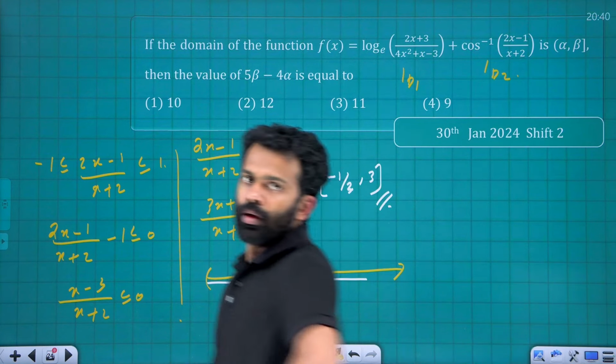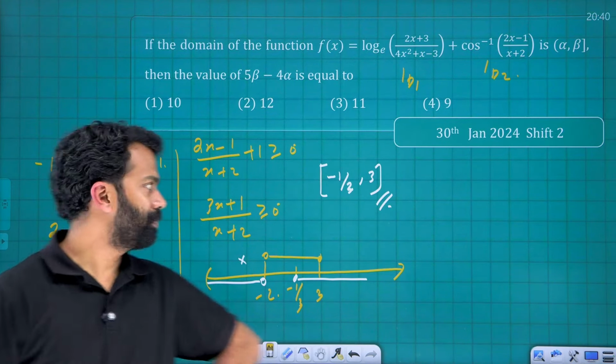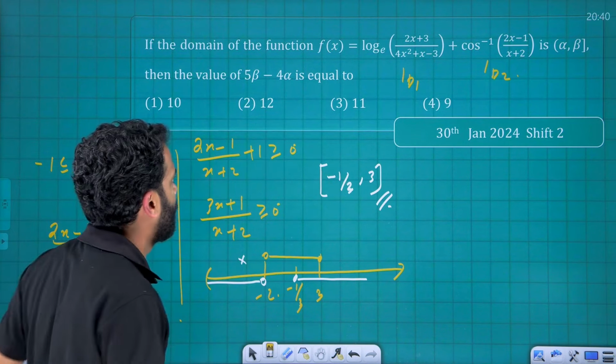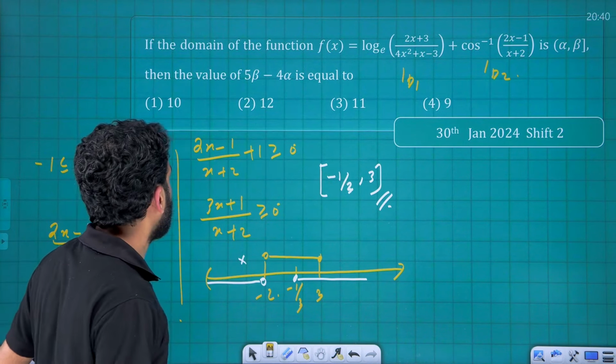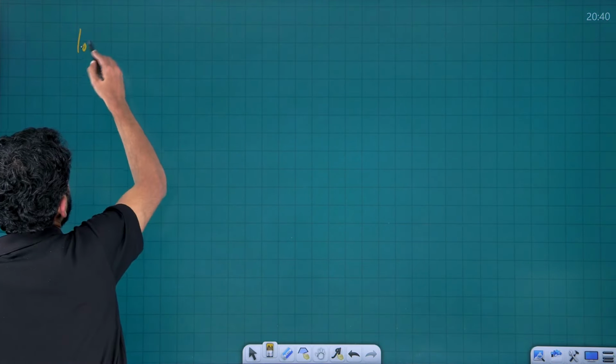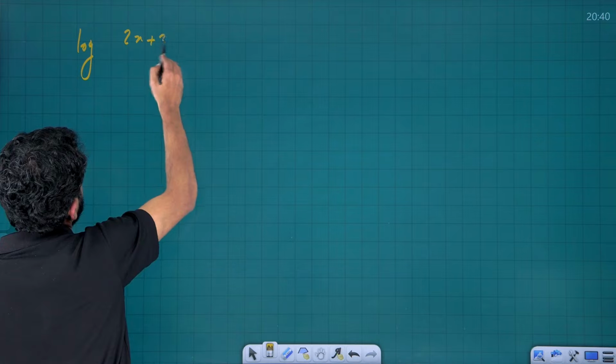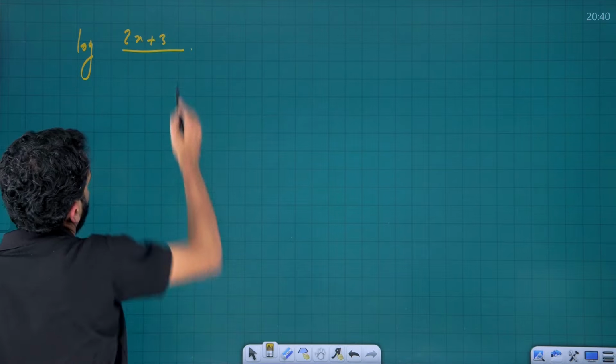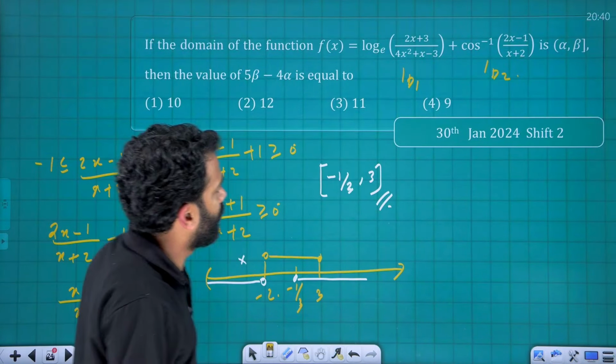Next one, this one, and let's formulate it. Log of (2x plus 3) divided by (4x square plus x minus 3), right?